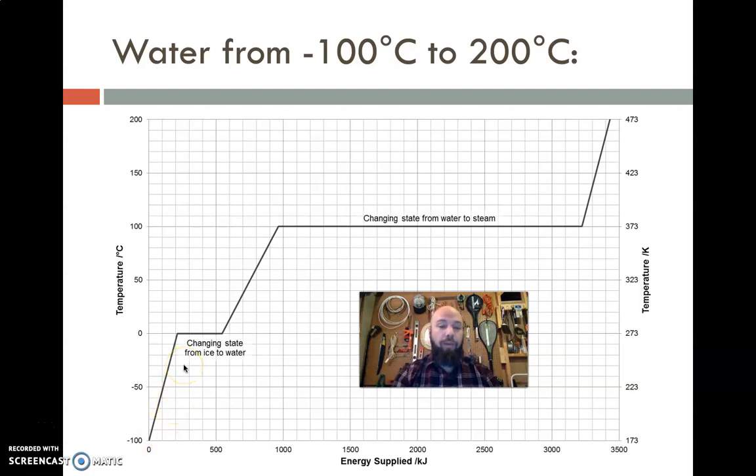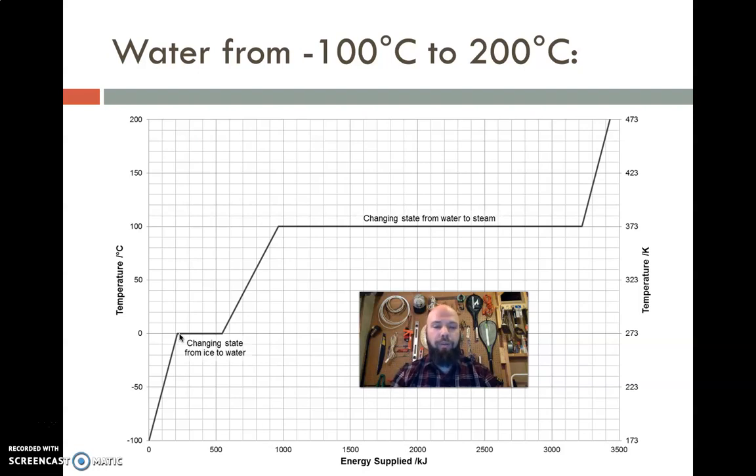You would have more vibrational energy occurring to the point where it gets to 0 degrees Celsius. Then you would have ice, so solid water at 0 degrees Celsius, changing into liquid water, but you'd have to keep putting in some amount of energy for that physical change to occur.